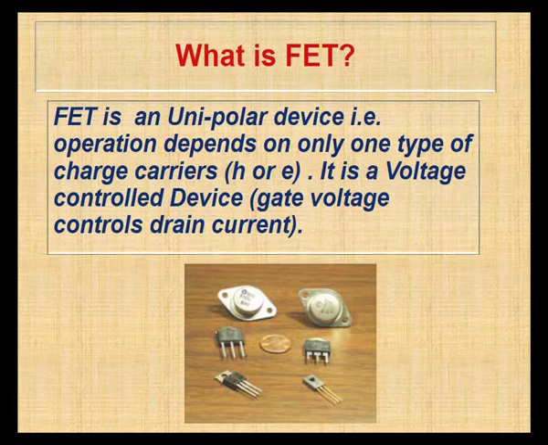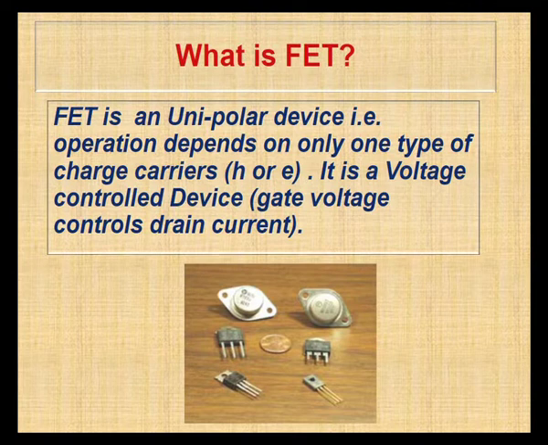Whereas the field effect transistor is a unipolar device, in the sense that conduction takes place in only one type of carriers, either holes or electrons. Also the BJT is a current control device, whereas the FET is a voltage control device.